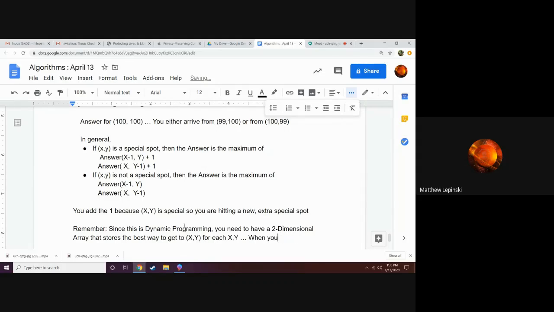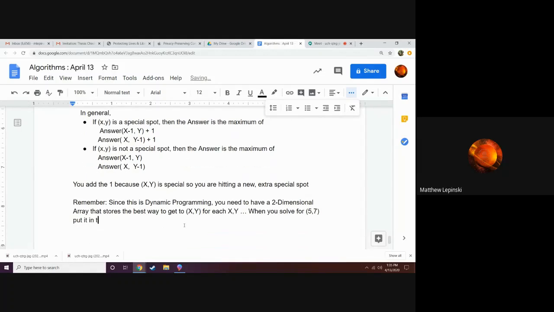Right. So when you solve for, say, 5, 7, put it in the array. Then when you need the solution for 5, 7 to do 6, 7, you look in the array instead of resolving the problem.